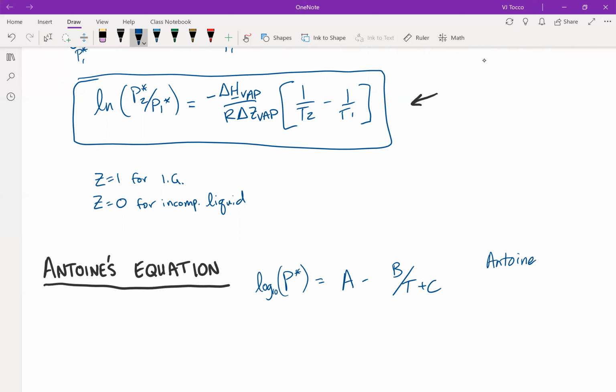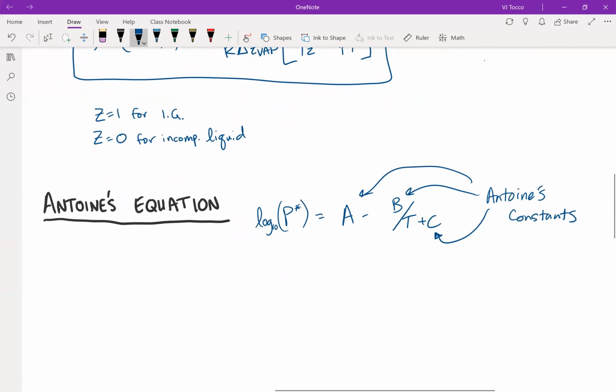You need to look those up in a table or a source. You also need to reference your particular source to see what the units of T and P star are. So that is very important. Units are set by your source table.